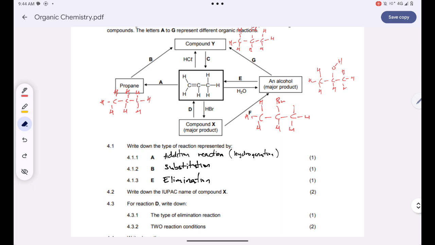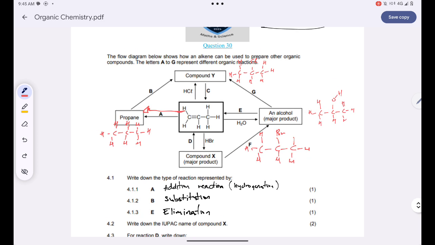Let me re-answer these questions. For me to move from propene to form propane according to reaction A, we can see that I have 2 extra hydrogens over there. That means I've added hydrogens. Are you together? And then for me to move from propane to compound Y, these 2 have substituted one another.